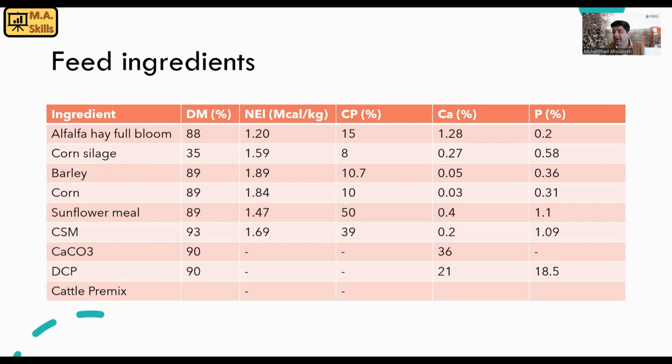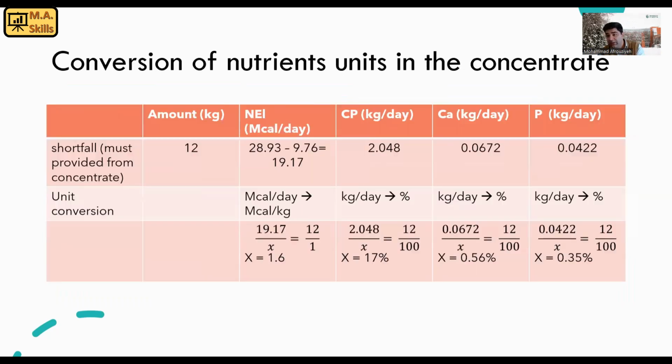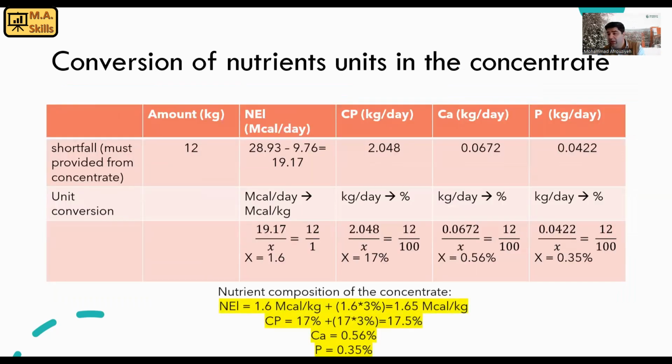They do not have any energy or protein values, but they are still part of the concentrate, and that's why we need to account for that. By increasing the amount of dietary energy and dietary protein, we can account for slack space.